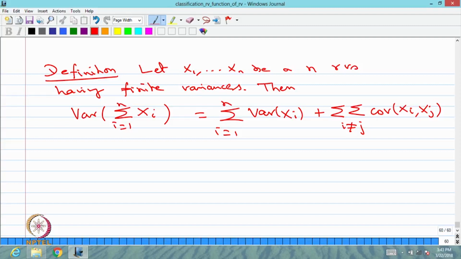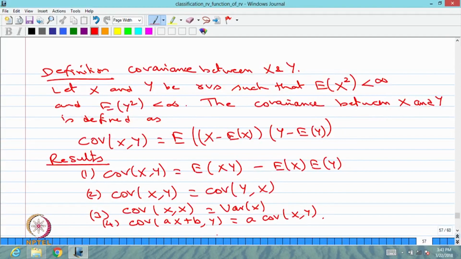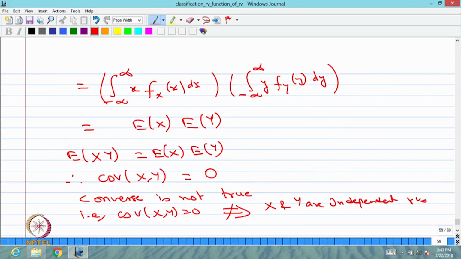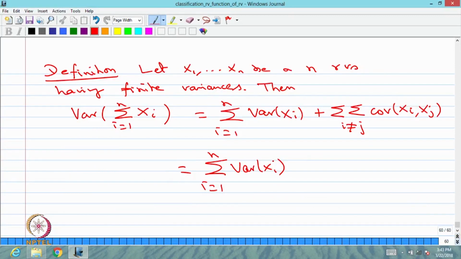This can be rewritten as the summation of i equal to 1 to n of the variance of each random variable. Since, using result number 2, covariance of X, Y is the same as covariance of Y, X, the second summation can be rewritten as 2 times the double summation of covariance of Xi with Xj.